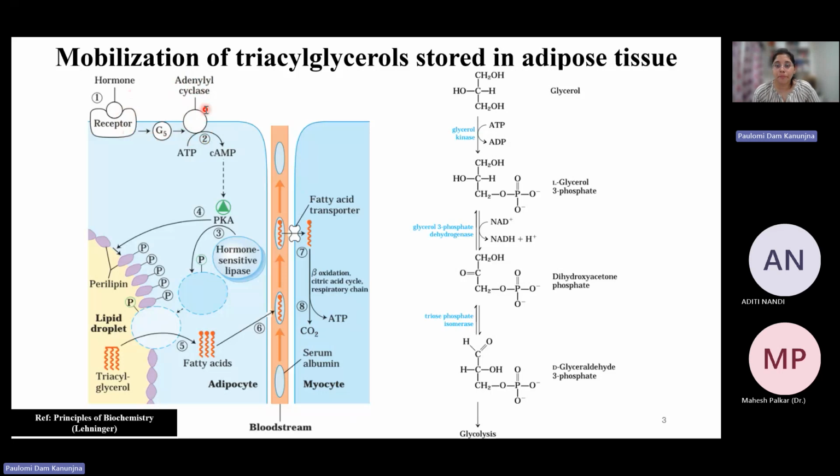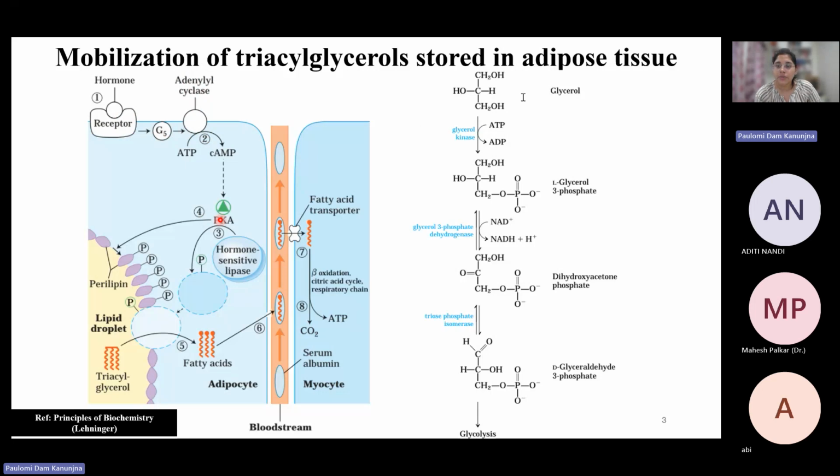That it will produce something called cyclic AMP, cAMP. This cyclic AMP then goes to a protein called protein kinase A, which is here. Protein kinase A is dependent on this cAMP. So whenever it detects cAMP, it will induce protein kinase A to go and phosphorylate the perilipin, add a phosphate group on these perilipins, right?